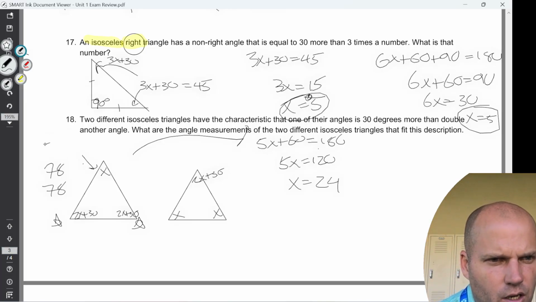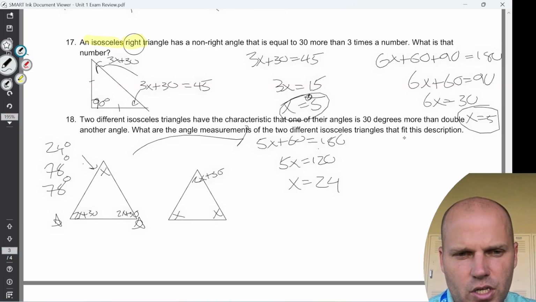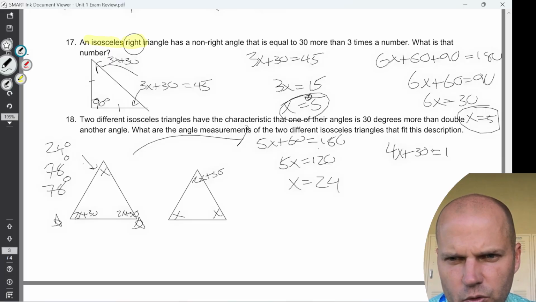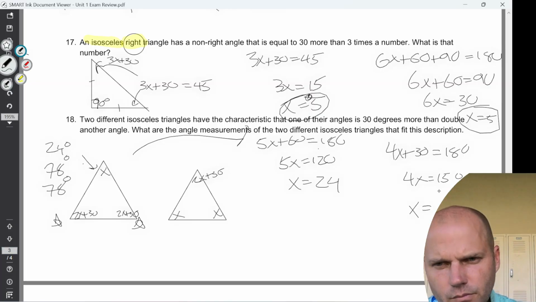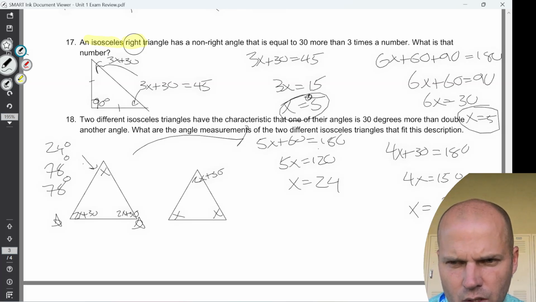And for the other situation, we will have x, x and 2x plus 30 to give us 4x plus 30 equals 180. 4x equals 150. We have to divide 150 by 4. I'm going to start by dividing it by 2, and I have 75 halves. 75 halves is 32 and a half.